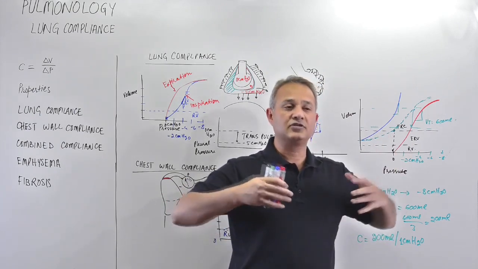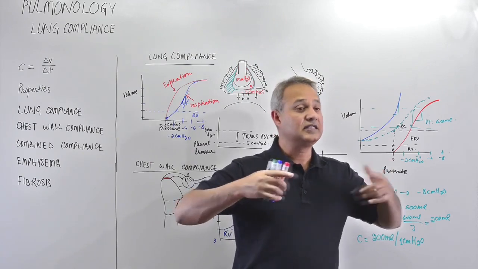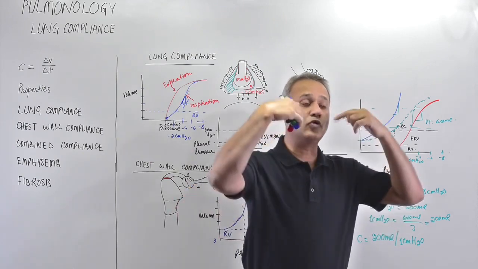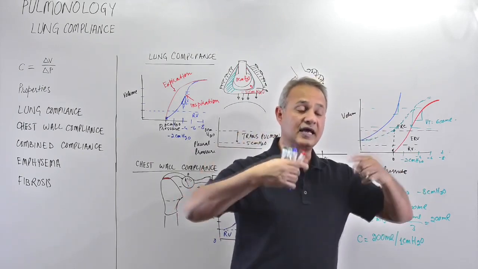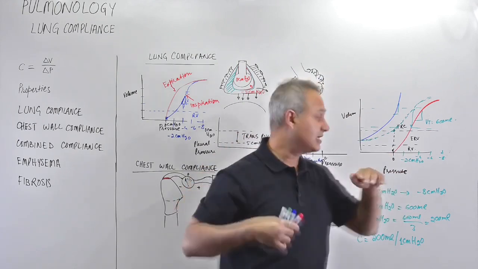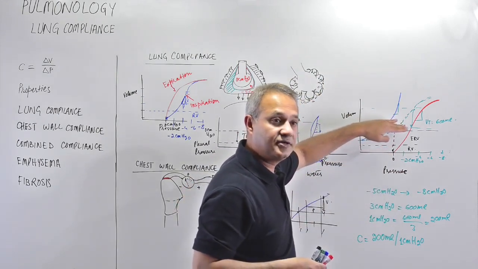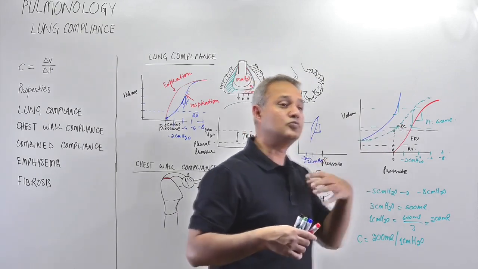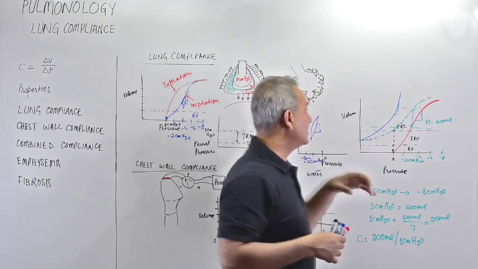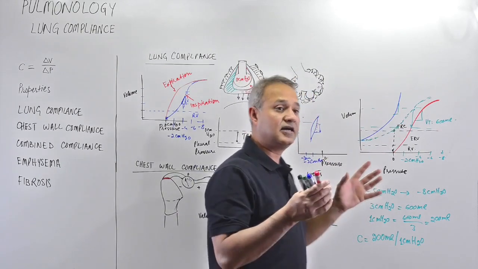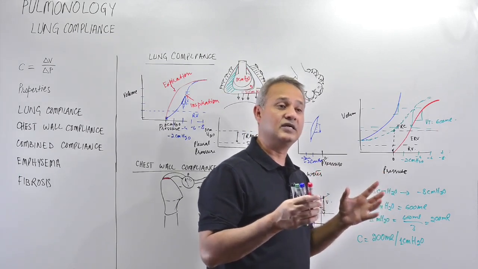That reduction would allow the chest to move out, and the chest moving out will cause some more air to go in. That more air going in will increase the functional residual capacity, right? And now the patient has more air in the lung, and that is what has happened. The lung's compliance has become easier.